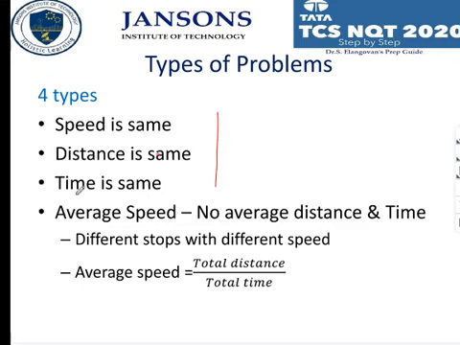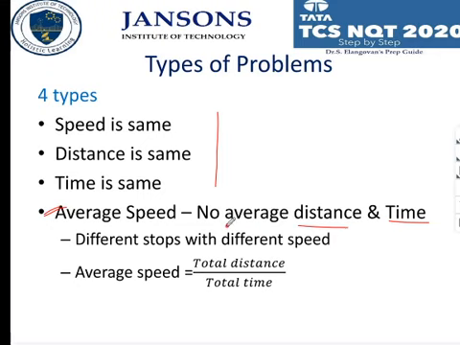And the fourth one is average speed. We will not have average distance or average time problems; those have never come in any of the competitive exams. These four are the major types, and almost whatever the problem may be, you have to fit it into these four.